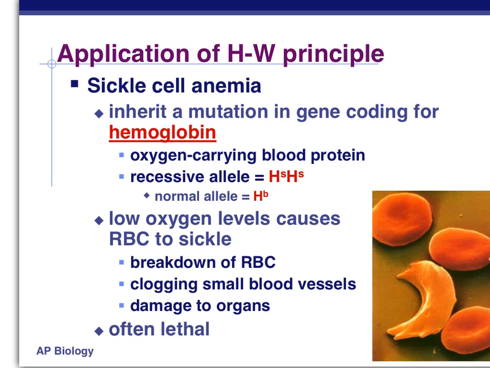It can also cause damage to organs because all of these rigid pieces are very sharp, and as they go through your kidneys, for example, they can tear some of that tissue and cause a lot of damage. This kind of anemia is often very lethal. So that's a little background on the condition. Now let's talk about how Hardy-Weinberg applies to all of this.